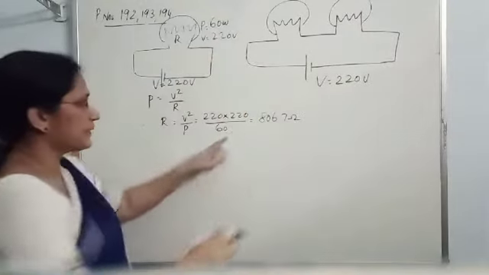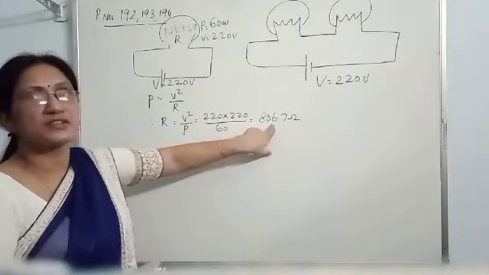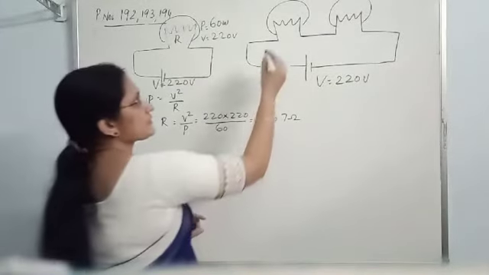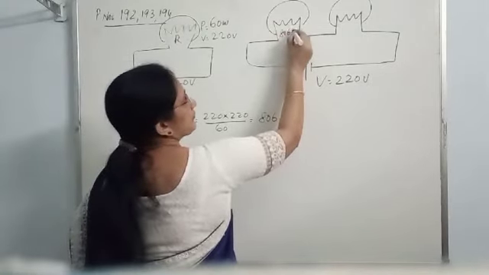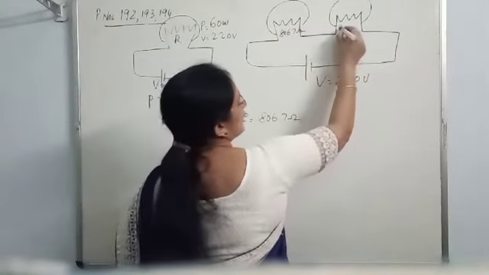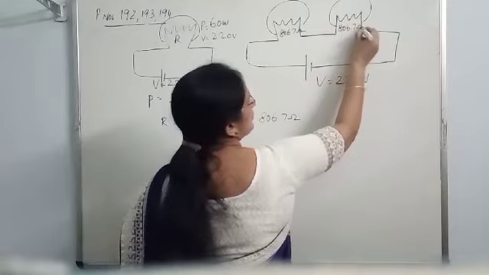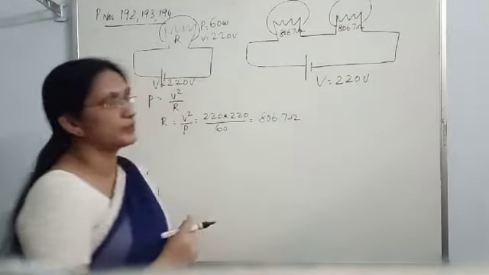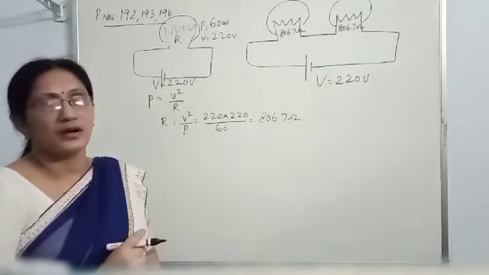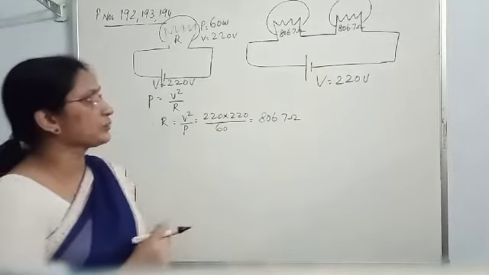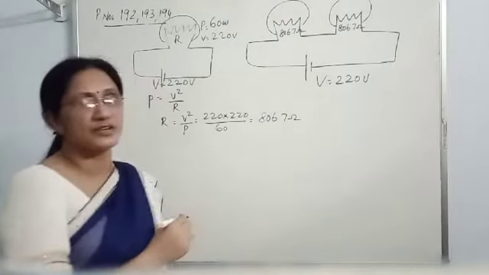The bulbs are similar, so both have a resistance of 806.7 ohm. We can calculate how much current will flow in the circuit.